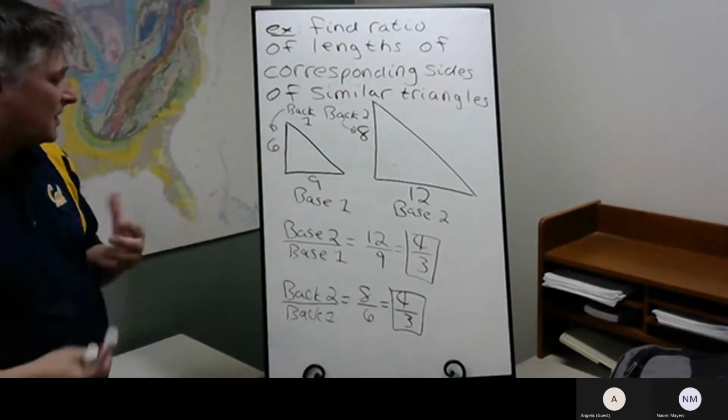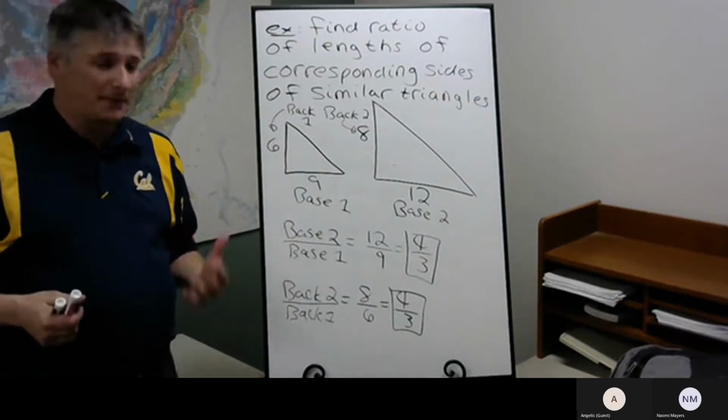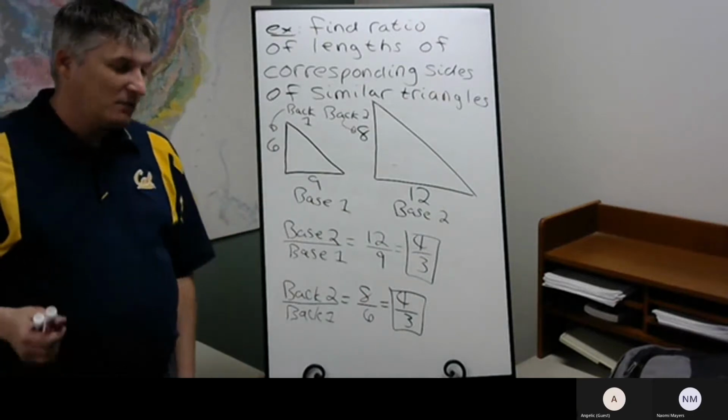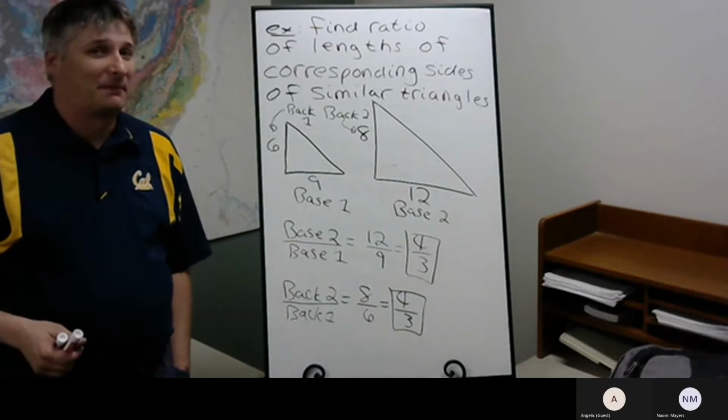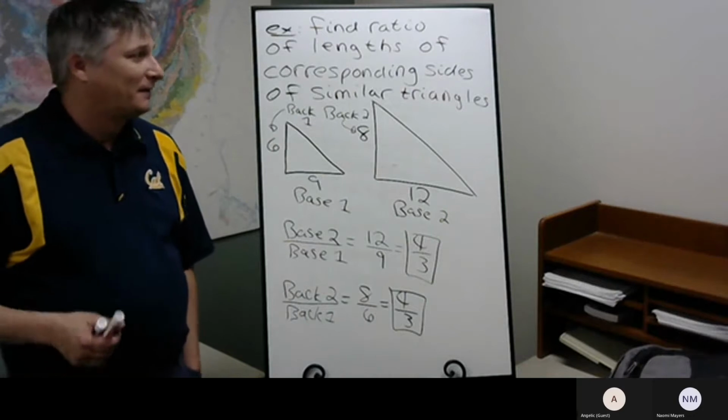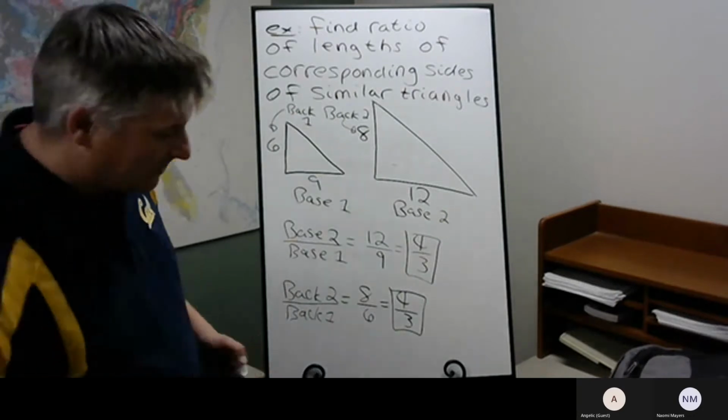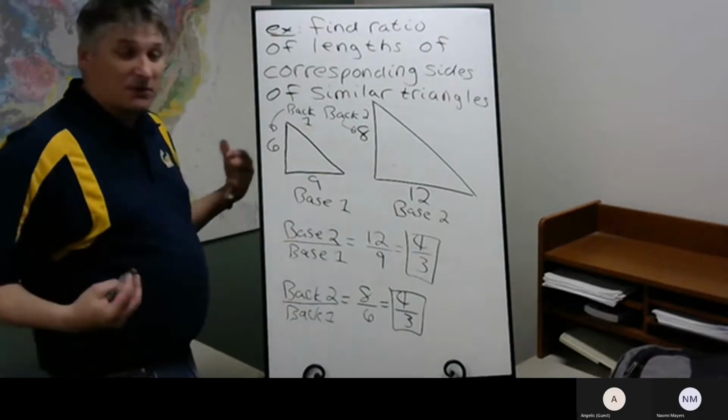So because these are similar, that's what we're going to get. Now, any questions about that? All right. So let me do another one like this that just involves height.